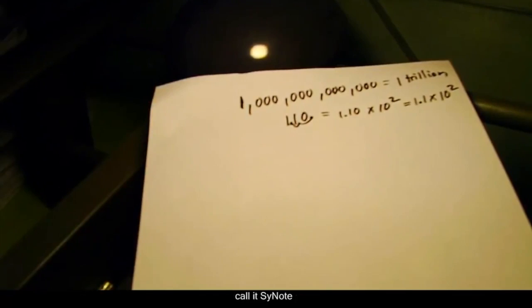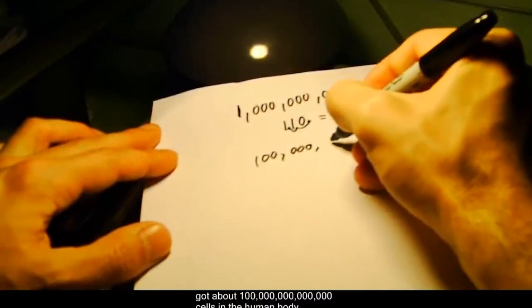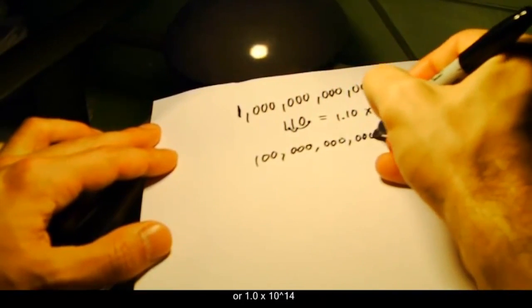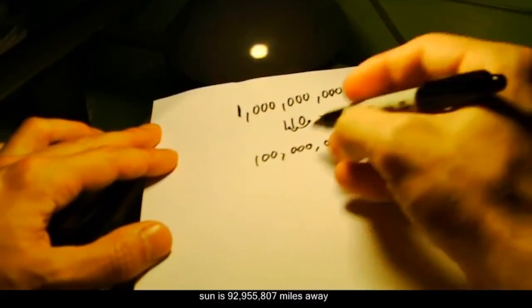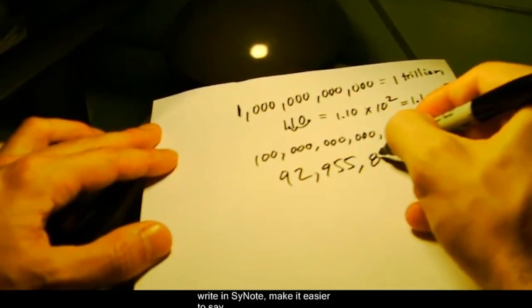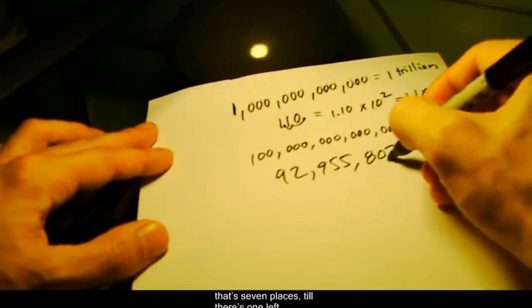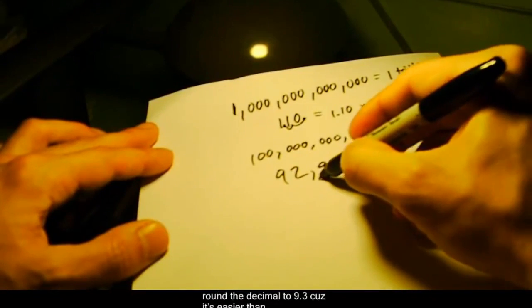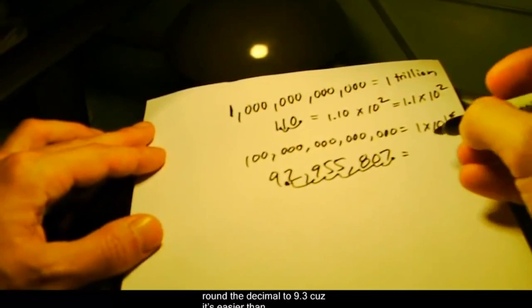Call it side note. Got about 100 trillion cells in the human body. Or 1 times 10 to the 14th. Sun is 92,955,807 miles away. Right inside note, make it easier to say. Find the decimal, move it to the left. That's 7 places till there's 1 left. Round the decimal to 9.3 cause it's easier than writing out 9.2955807.